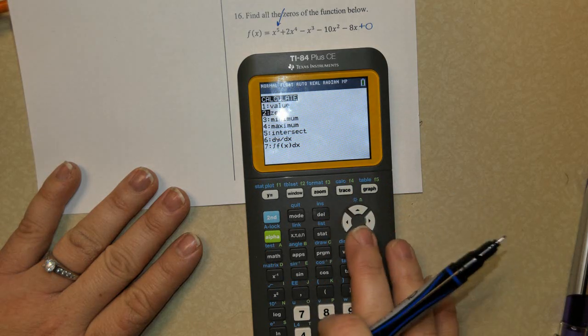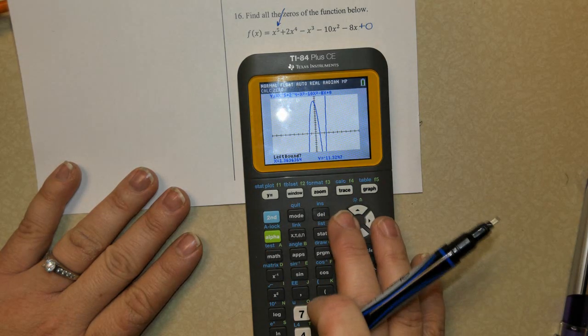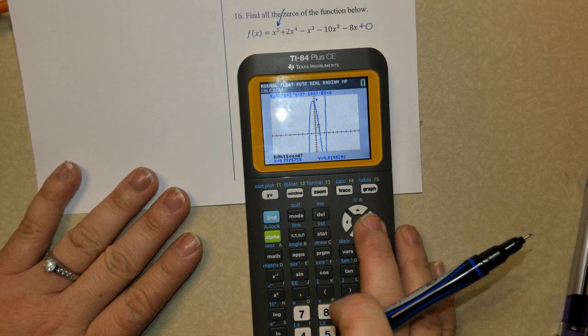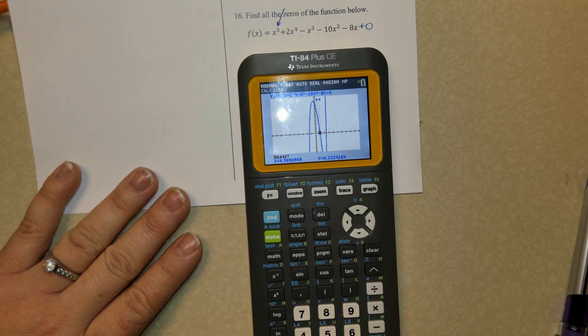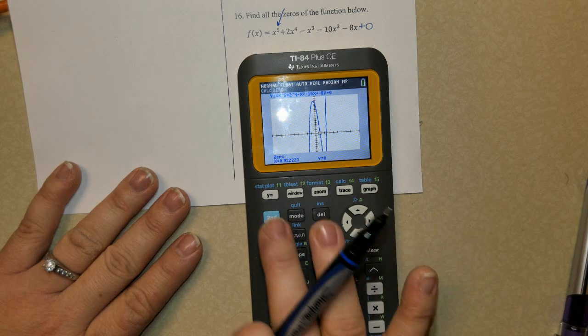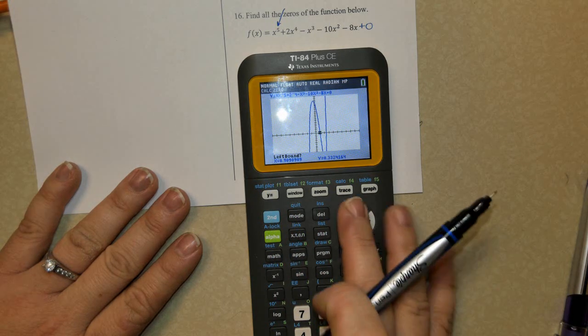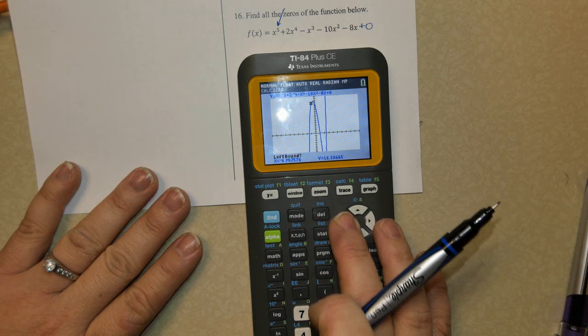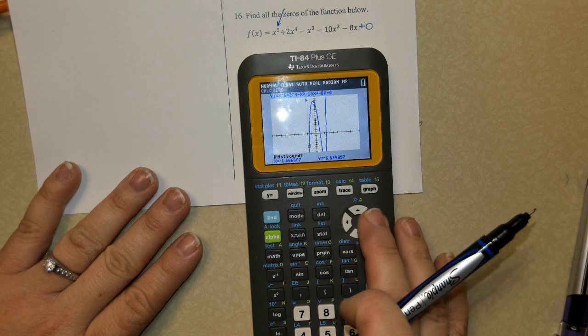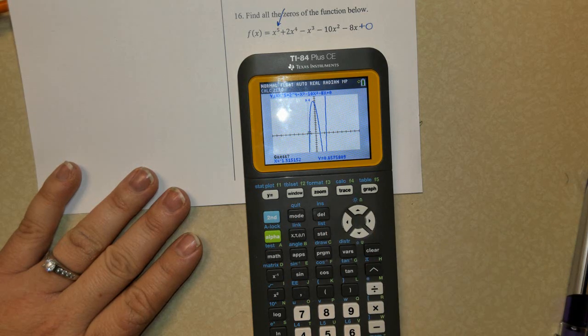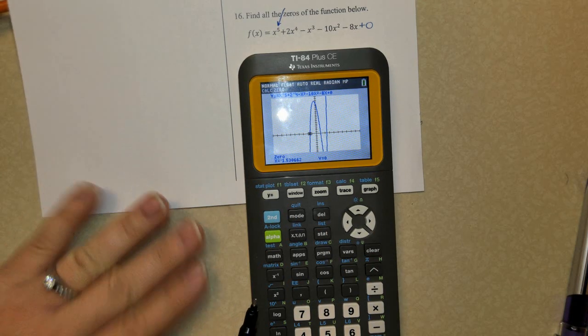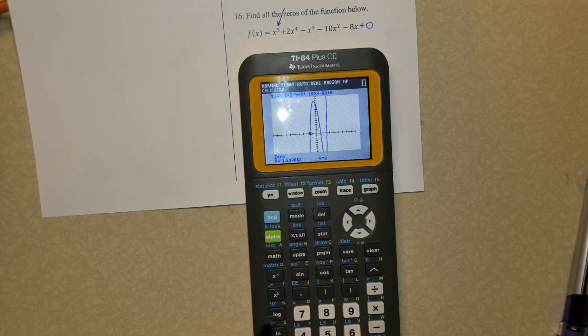Second trace. Let's try to find the 0 for the next one. Okay, that's not pretty. Hoping this last one will be a little bit nicer for us. I'm trying to find one that is not irrational. They all look to be irrational for me. Okay, let me come back to this problem in just a second.